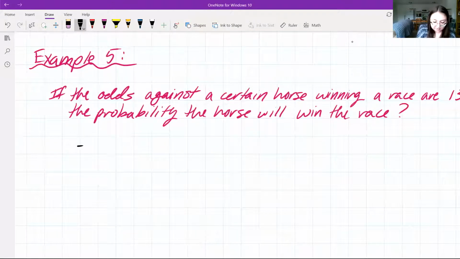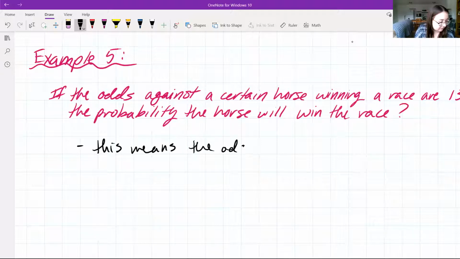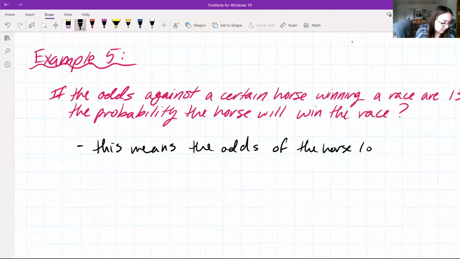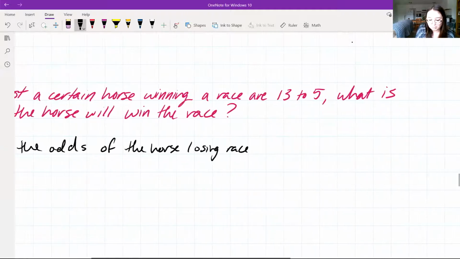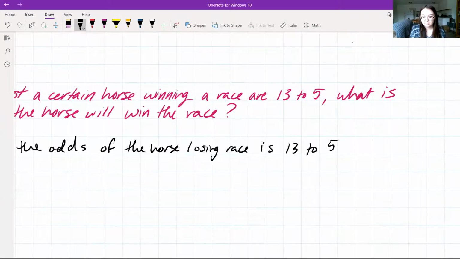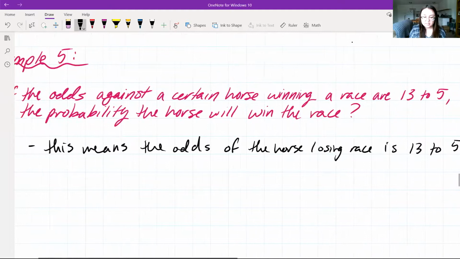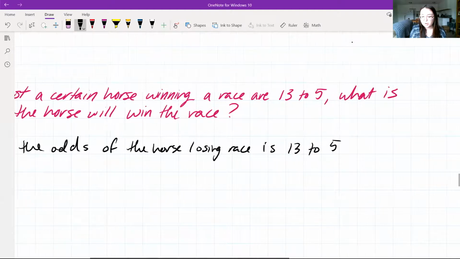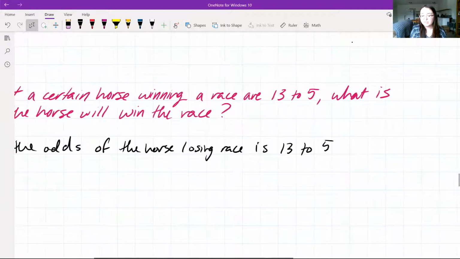We can also say that this means the odds of the horse losing the race is 13 to 5, since we know that the odds against a certain horse winning a race are 13 to 5.